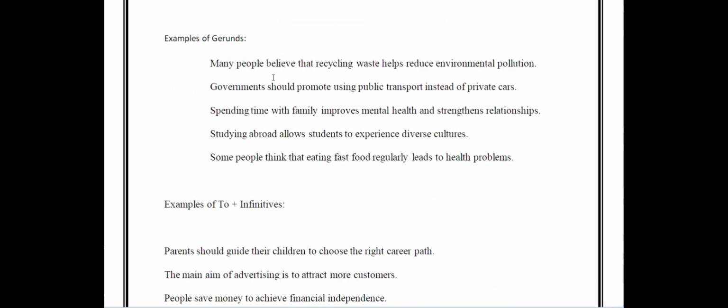Good, right? So here is the first one. Many people believe that recycling wastes helps reduce environmental pollution. Next, government should promote using public transport instead of private cars. So you are understanding here. This is the subject, public transport, and before that it is the word using. This is the gerund in the sentence here.